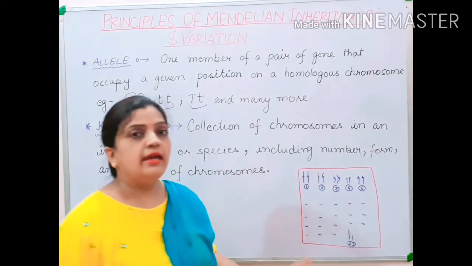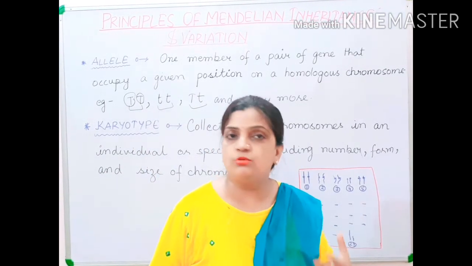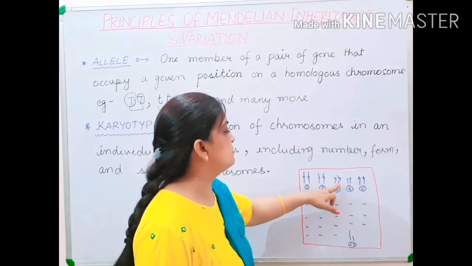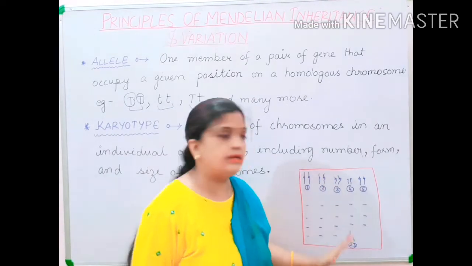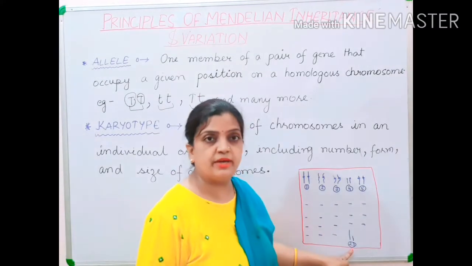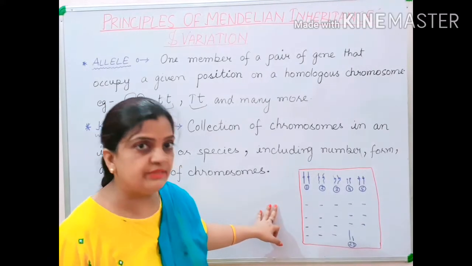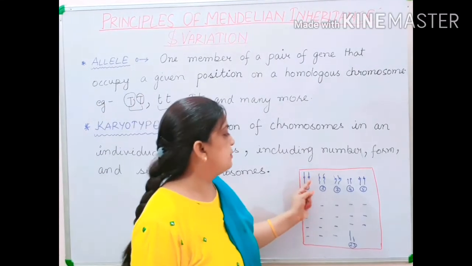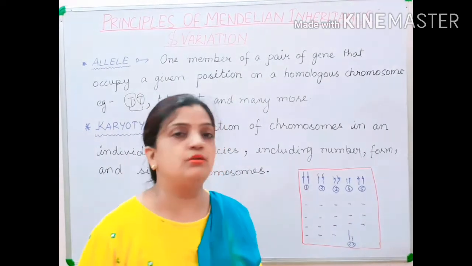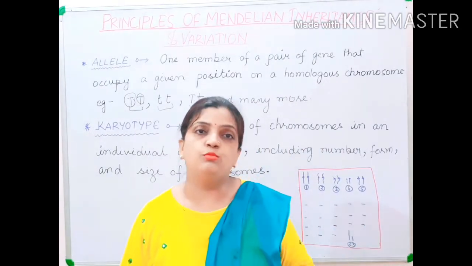So in a human being, the number of chromosomes present is 23 pairs, which makes 46 chromosomes. When we count in pairs, it makes 23 pairs, and this is a photomicrograph of the chromosomes of a human being. Here you can see that different types of chromosomes are located. On this basis, in the last video I explained what heterologous and homologous chromosomes are.